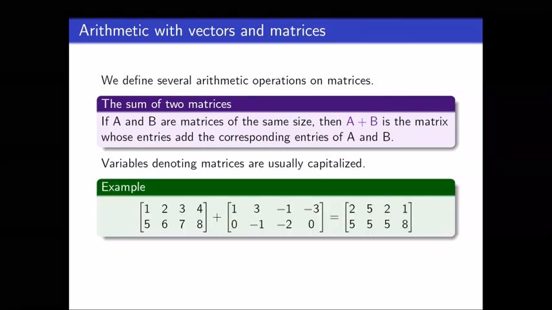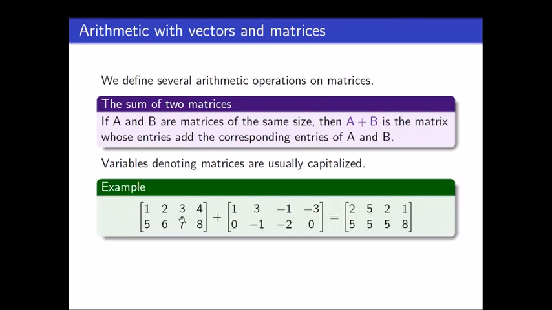For example, if I have these two matrices of exactly the same size, so both of these matrices have 2 rows and 4 columns. So we essentially add entries together that are on the same position in the matrix.